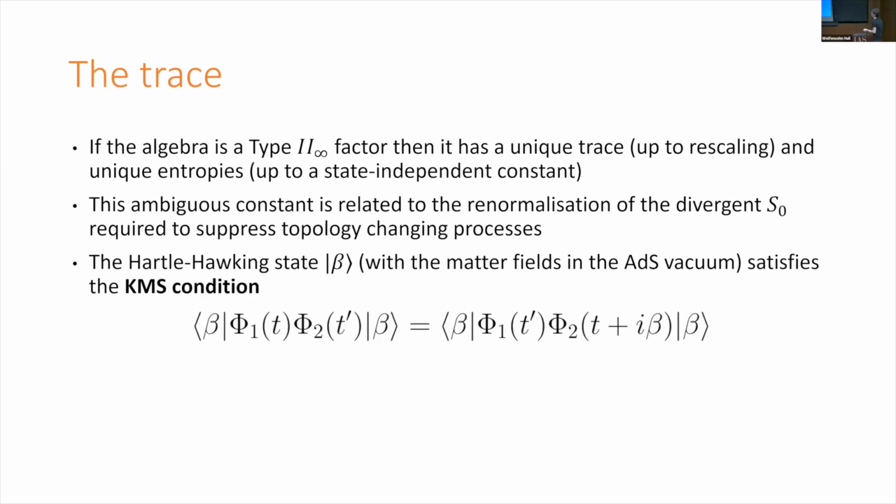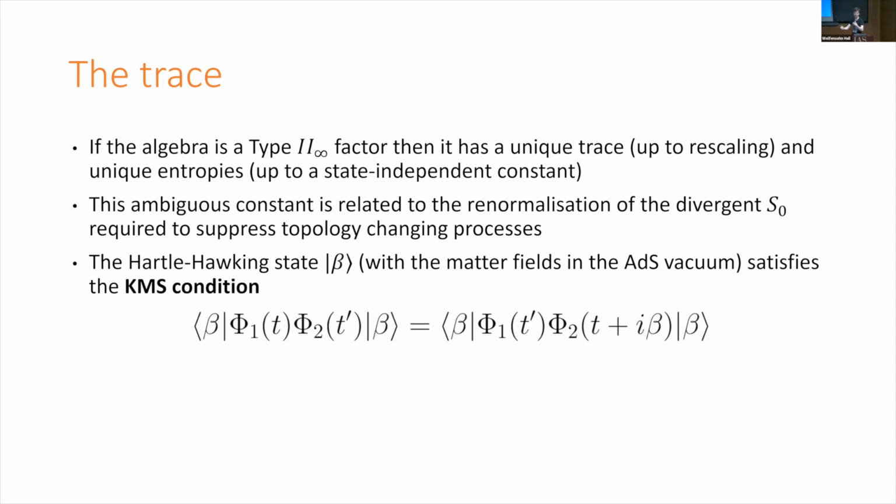Euclidean path integrals let us define a Hartle-Hawking state prepared by some Euclidean evolution of time beta. By construction, that satisfies something that looks like the property of the trace. Phi1, phi2 is equal to, sorry, that should be a 2 and that should be a 1. Apologies for the typo. It equals the same two things commuted past each other, except this t gets replaced by t plus i beta.